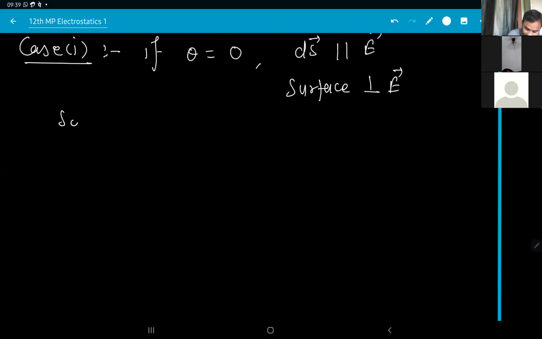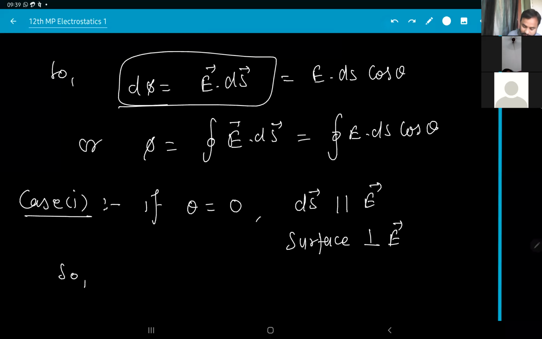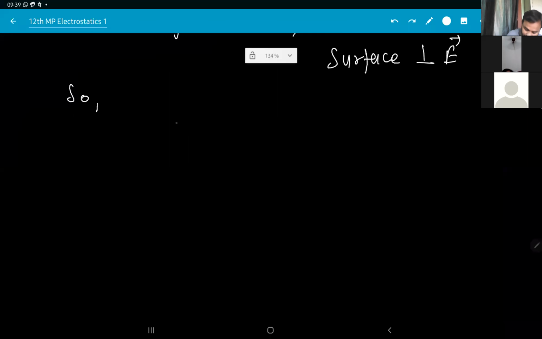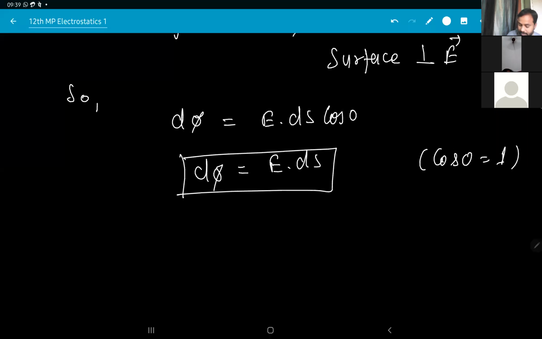In that case d phi is equal to E dot ds cos 0, which is equal to E dot ds, because cos 0 is equal to 1.